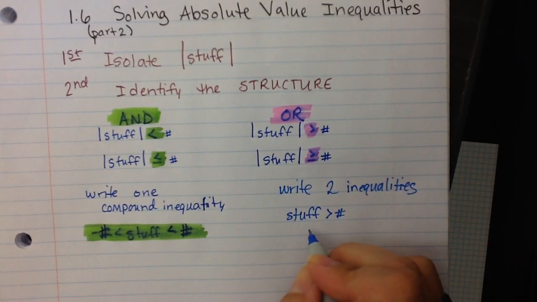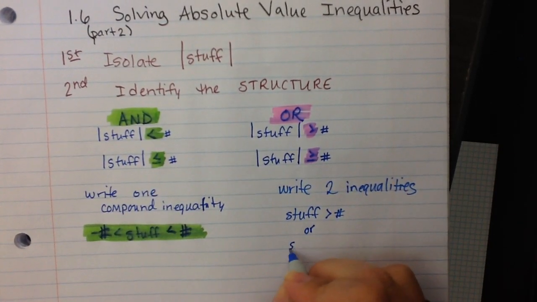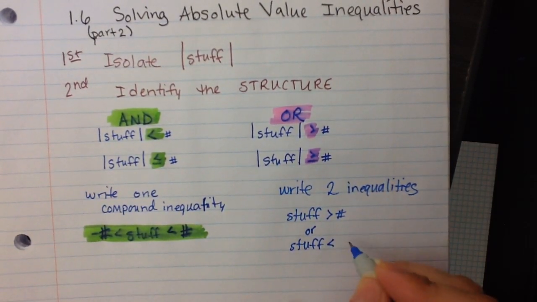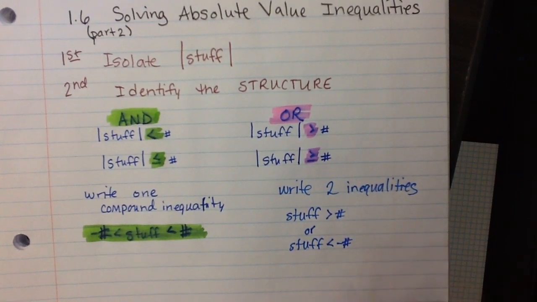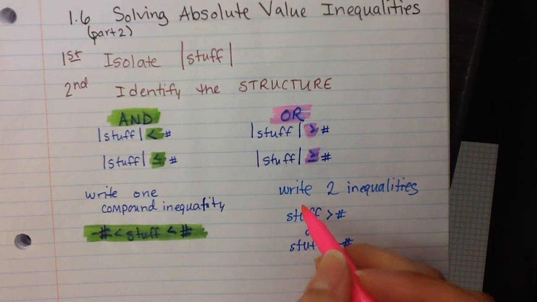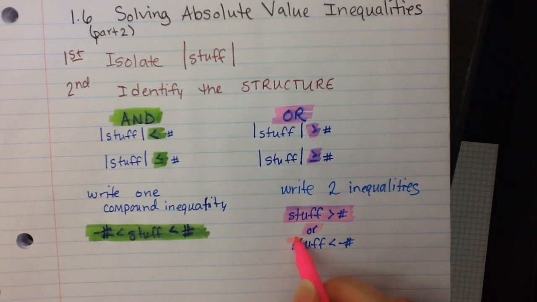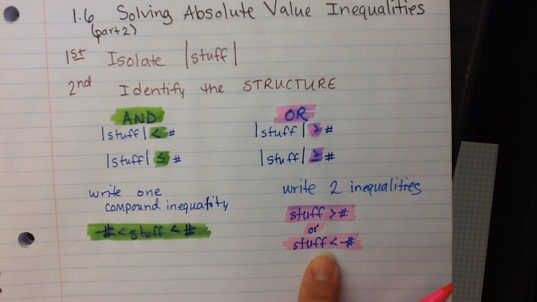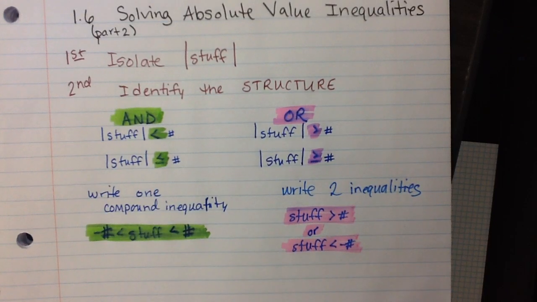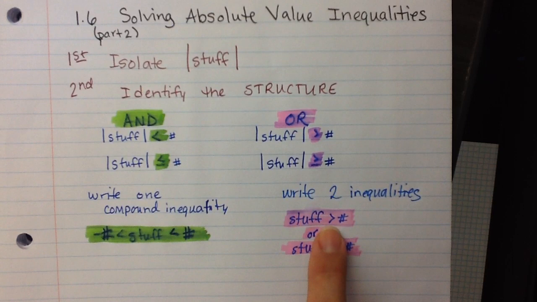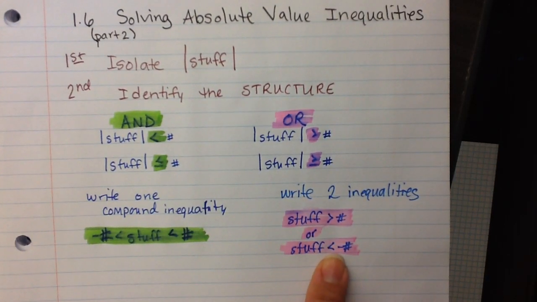But then we have a second one, or the stuff, and what we're going to do is reverse the inequality to less than and then change the number to its opposite sign. So with the OR structure, we're going to have two inequalities. Remove the bars and write greater than the number and then the word OR, and then remove the bars and write less than the negative number. And again, if it was greater than or equal to, then these will be greater than or equal to, less than or equal to.